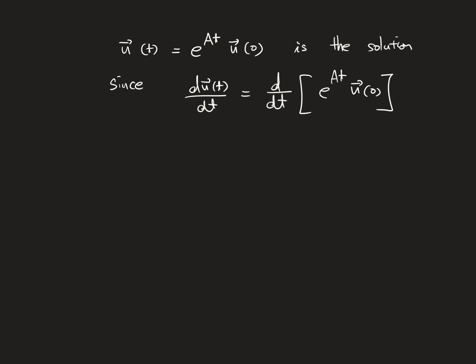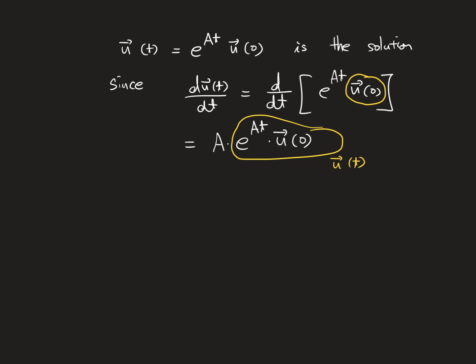Because u of 0 is just a constant vector, this is just A times e to the at, which we derived in a previous slide, times u0, because the initial vector is a constant. And we know that this is just A u of t.